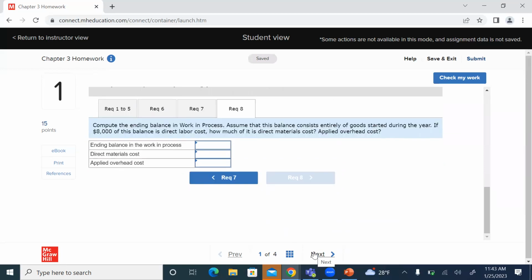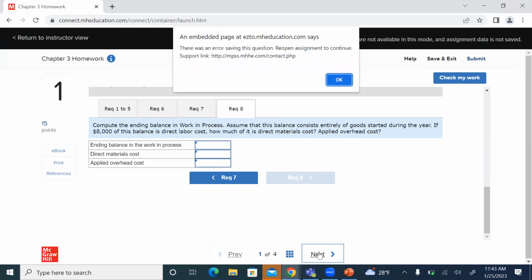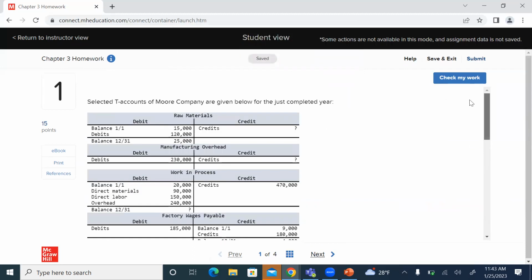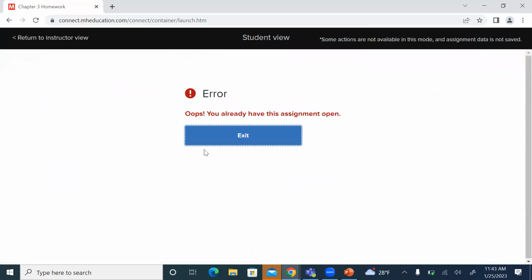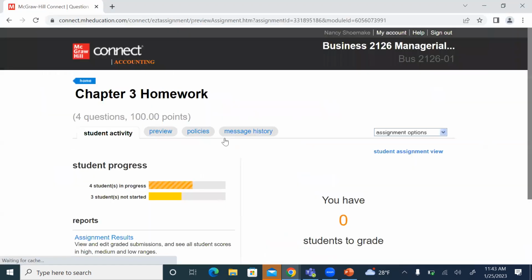Next. Sorry, I don't know why my computer's acting up. Sorry. It's all right. Okay. Let's see what I'm doing wrong. Oops, you have this assignment open.